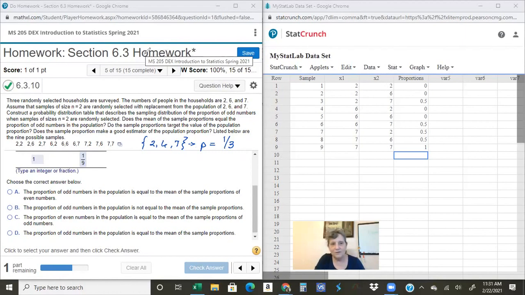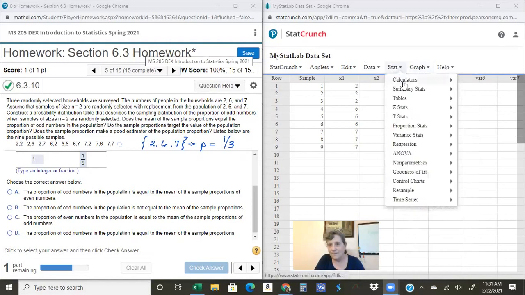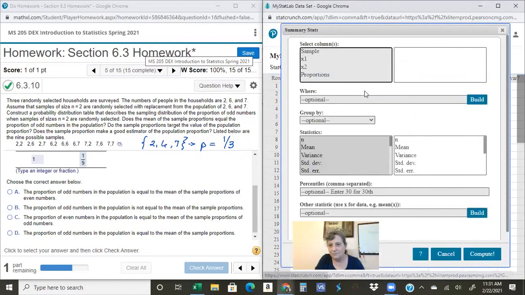I want to do the mean of the column. So summary stats, columns. I want the mean of the column with the proportions.